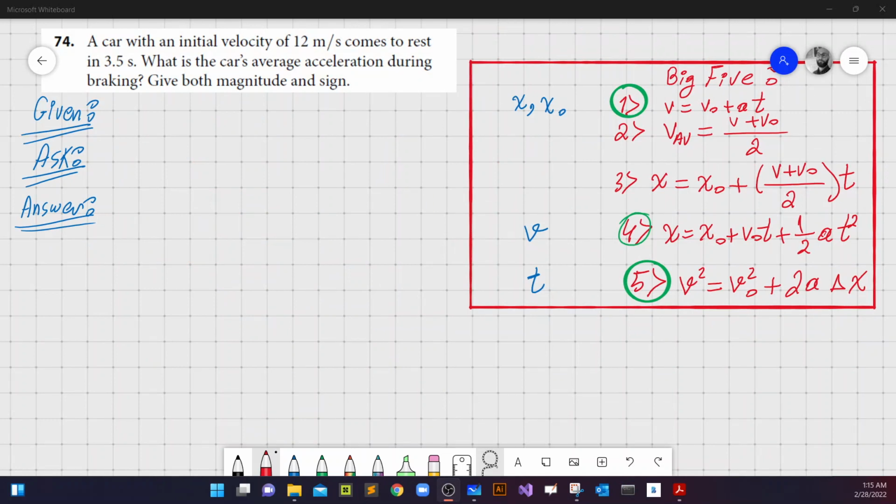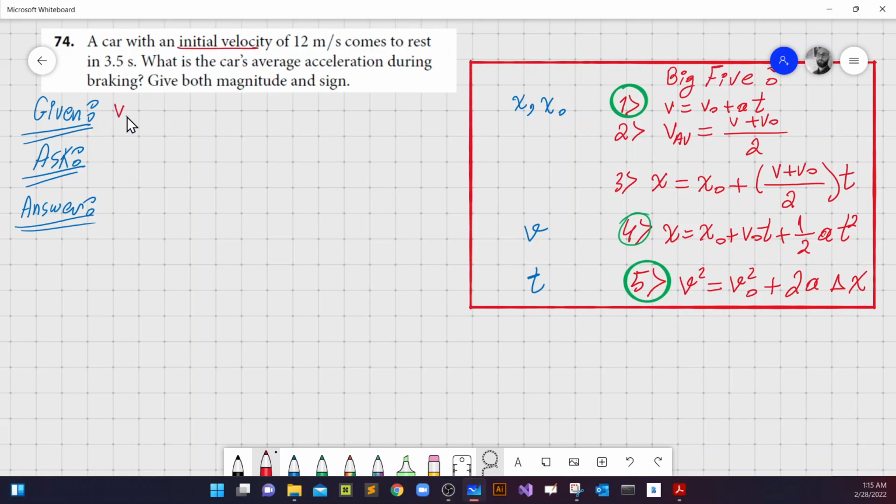Okay, a car with the initial velocity of 12 meter per second. So the initial velocity v0 is equal to 12 meter per second. It comes to rest, so the final velocity in this situation is 0, in 3.5 seconds.